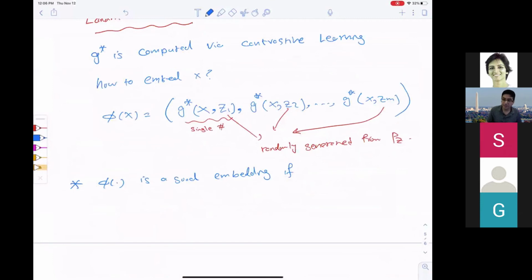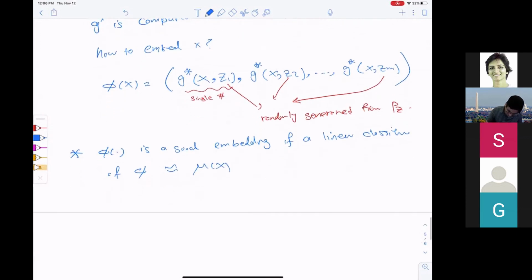We say phi is a good embedding if a linear classifier of phi approximates mu of x. Mu of x is a good predictor of y for me.